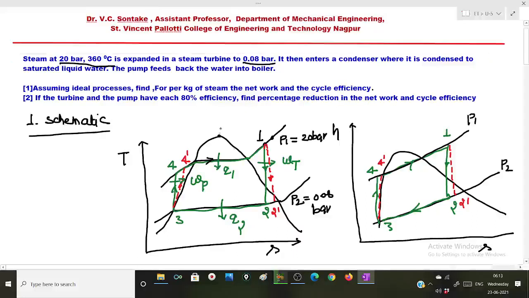This is nothing but the critical point, where the dry saturated liquid line and the dry saturated vapor line meet.